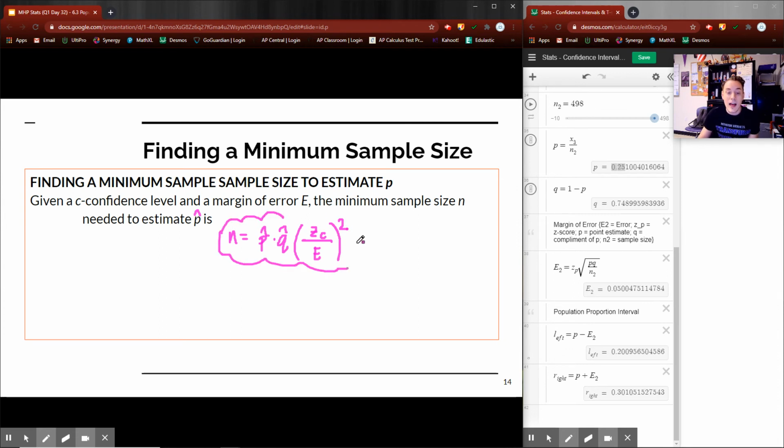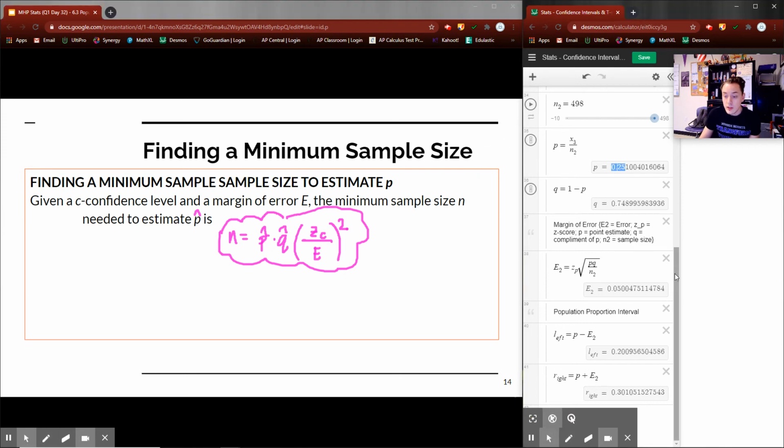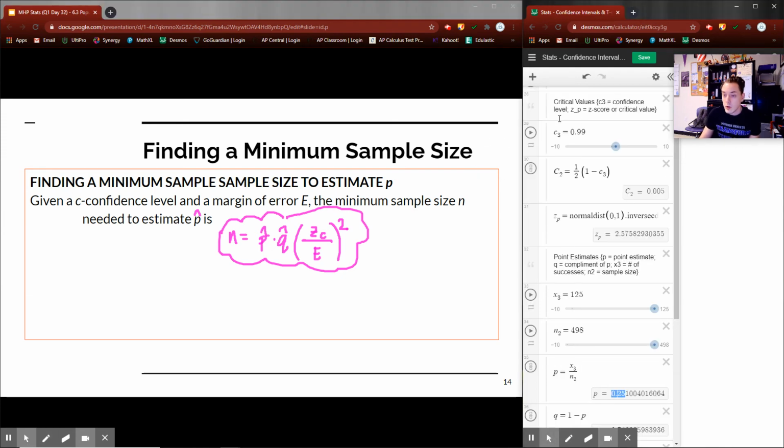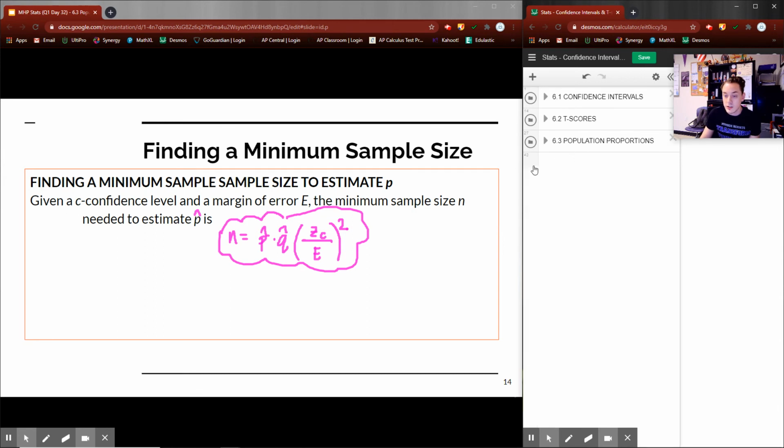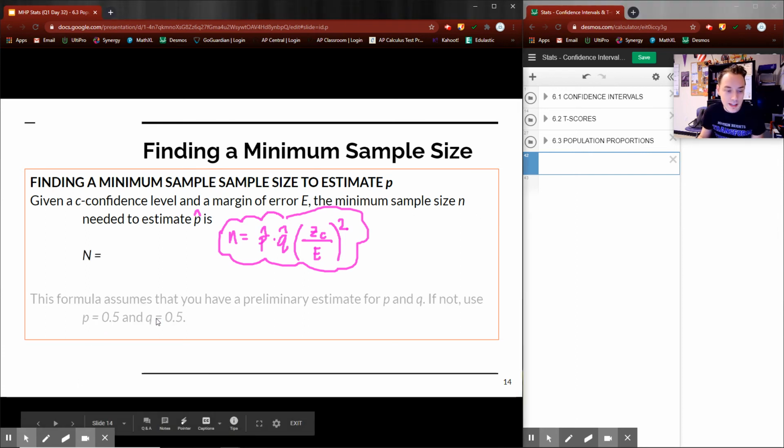So this is rather obnoxious. I mean, obviously it's really, really obnoxious, but that's okay. We are going to solve it by hand, but we have Desmos with us right here as a normal calculator. So I'm going to utilize that. Okay, awesome. So that's what n equals.